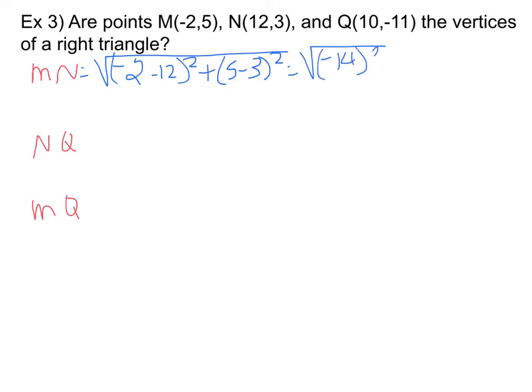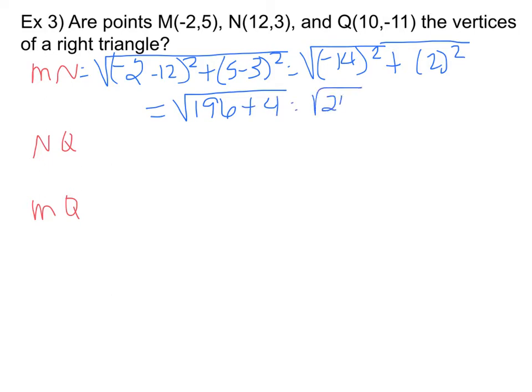So -14 squared plus a 5 minus 3 is a 2 squared. So if I break that down, I'm going to bring it down here. That's going to equal the square root of 196. Notice it's positive because the negative is squared, plus 4. So you get the square root of 200.